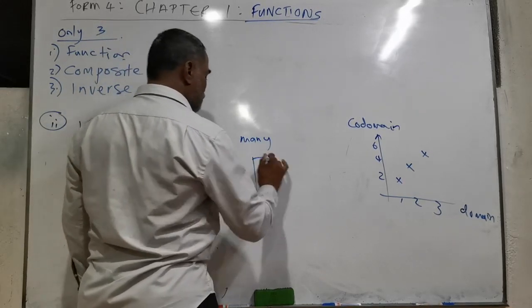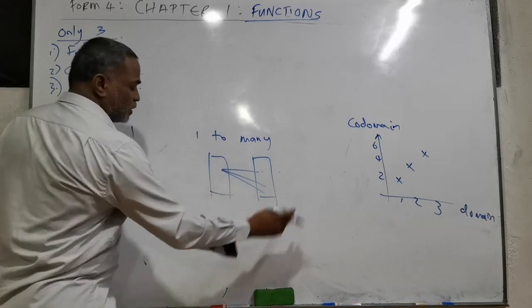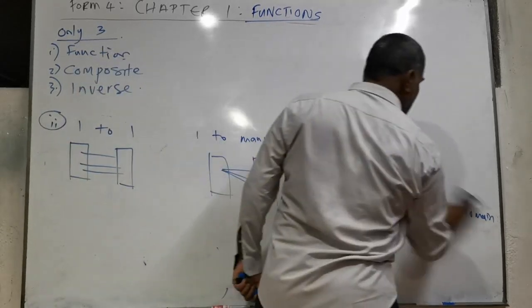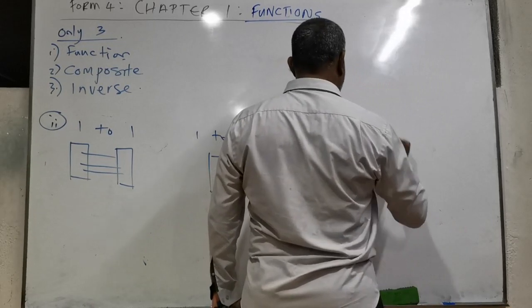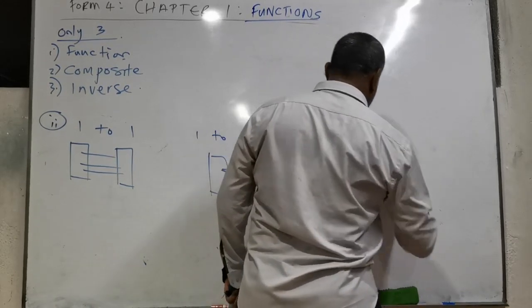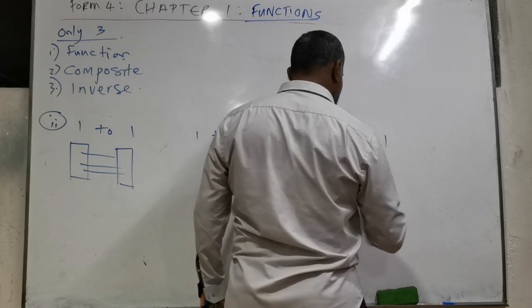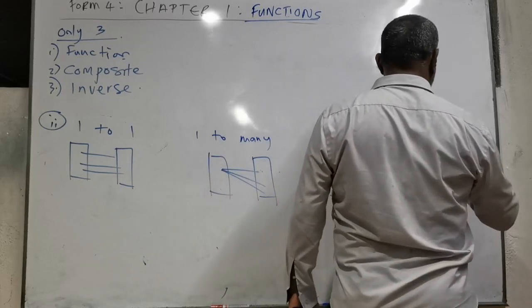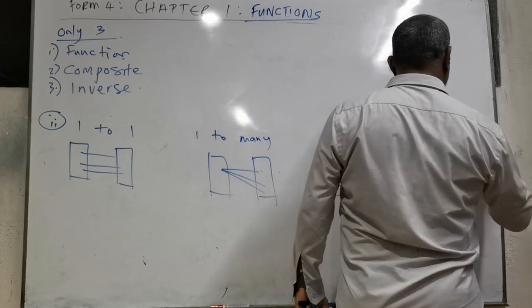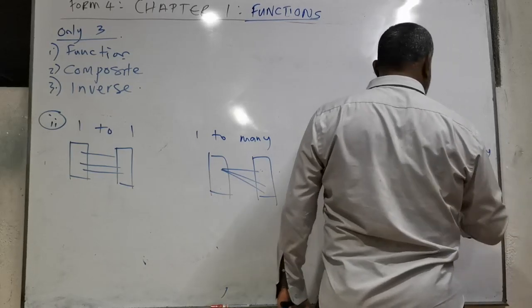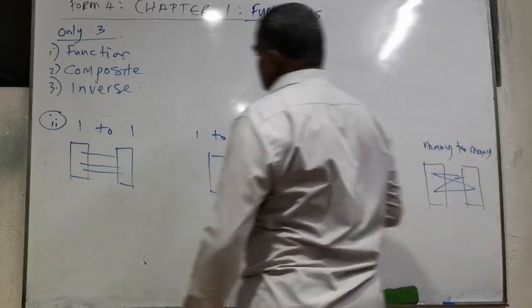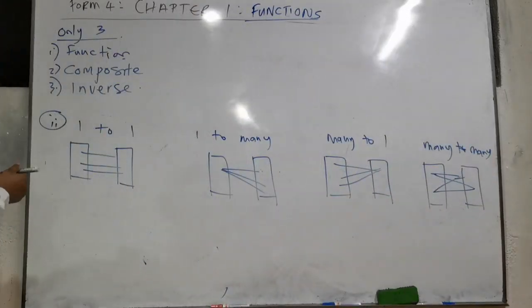Third, many to 1, that is many go to 1. And finally many to many. So you have 4 types of relation. Many to many is something like this. So this is the introduction of this topic.